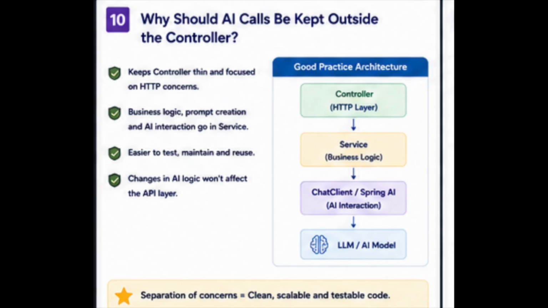For example, the flow will be controller to chat service to chat client to LLM. This separation makes the code easier to test and maintain. If later we change the prompt, add RAG and add function calling or change the AI provider, we can make those changes in the service layer without altering the API layer.